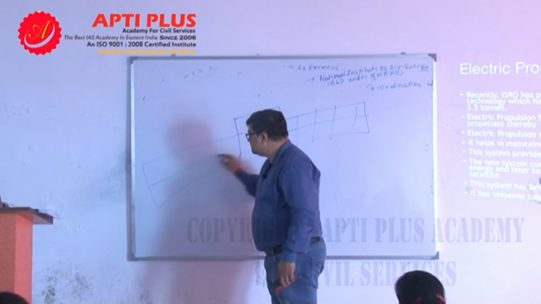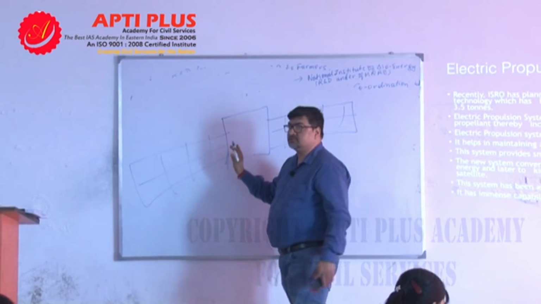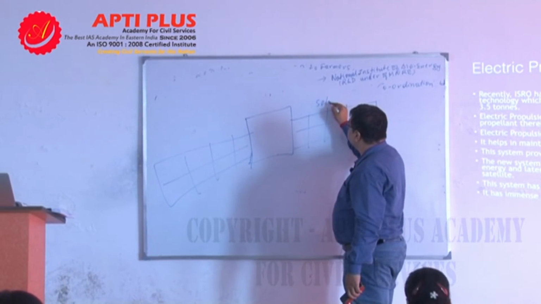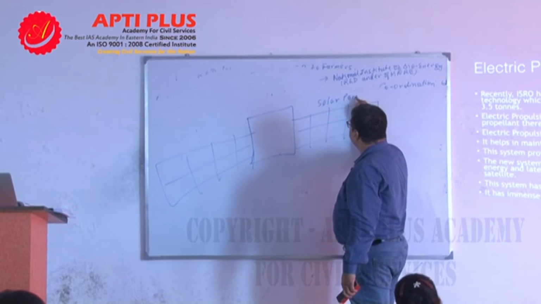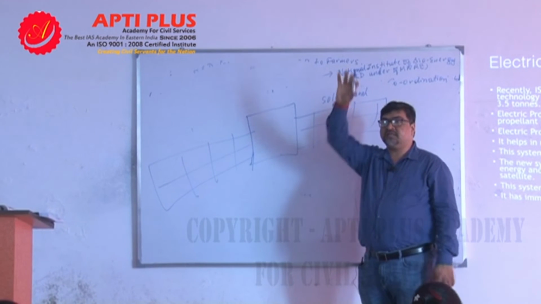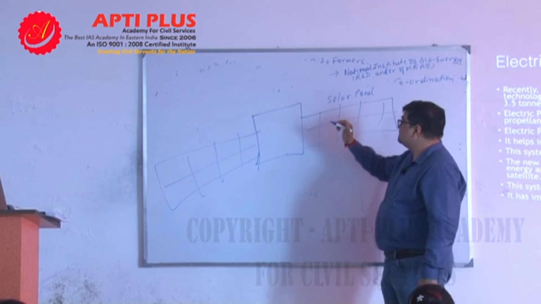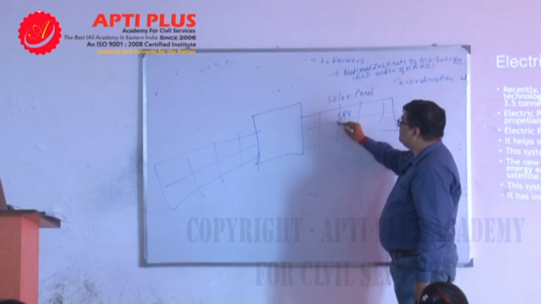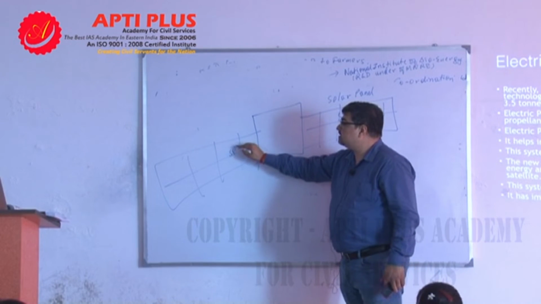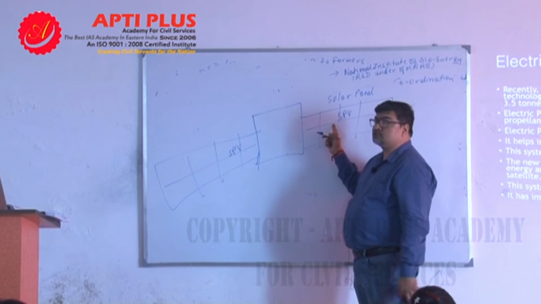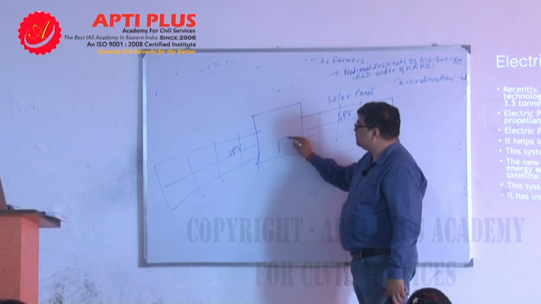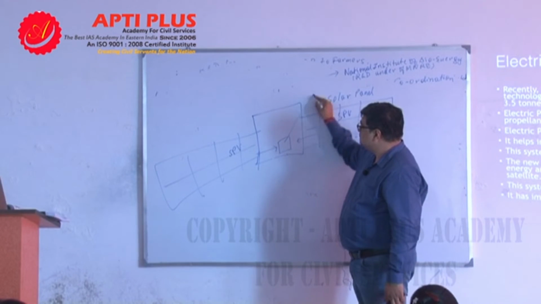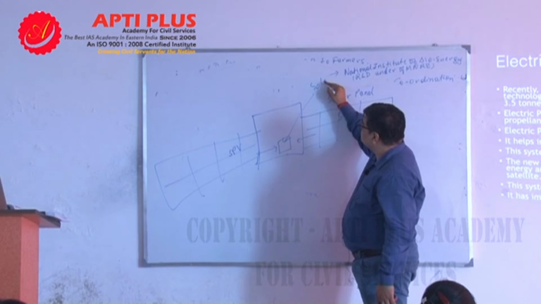These are solar panels which are sidewise. Now this solar panel harnesses what? Sunlight, right? Sunlight on this. It is photovoltaic, PV, SPV. And this solar energy is stored in where? Battery. There is a battery for this.